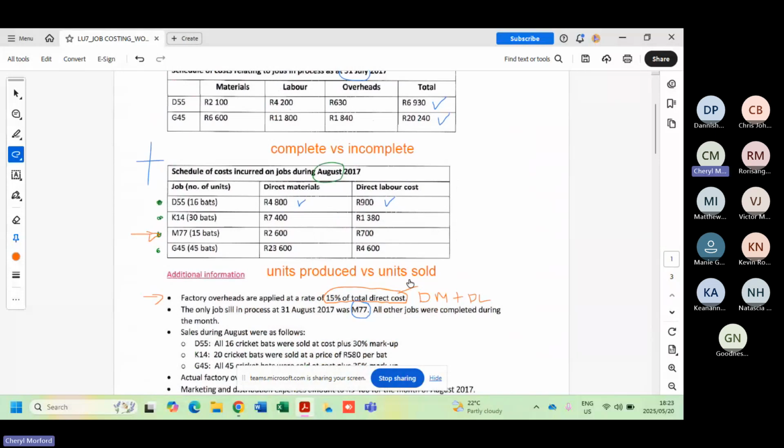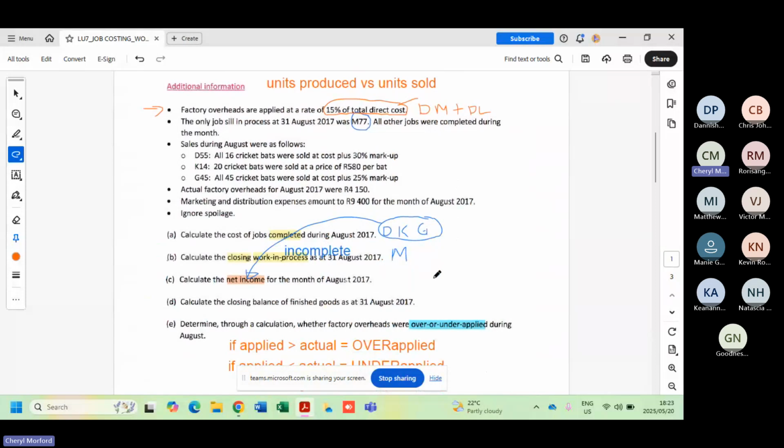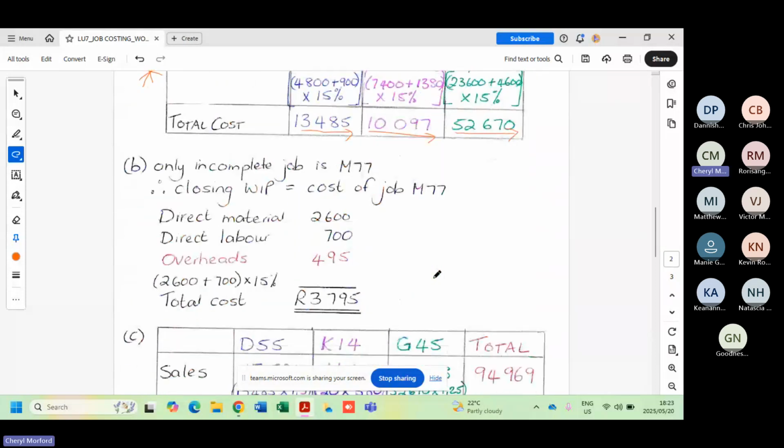That gives me my applied overheads, and add. So there we go. That was the only one we had to work out. Add them together, gets me the cost. And we've done exactly the same as above, but the other jobs were complete. This one wasn't. That's why we're going to call this one closing work in process.